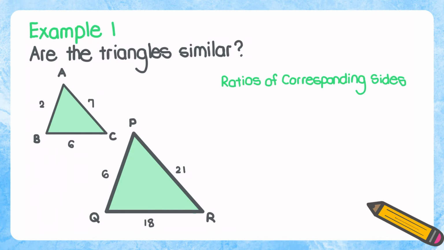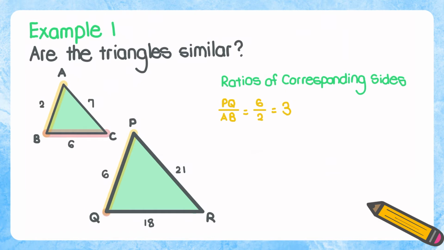And we're going to figure out the ratios of each pair of corresponding sides. So the first pair of corresponding sides are the sides AB and PQ. I just like putting the second triangle first, so PQ over AB is going to be 6 over 2, which simplifies to 3.